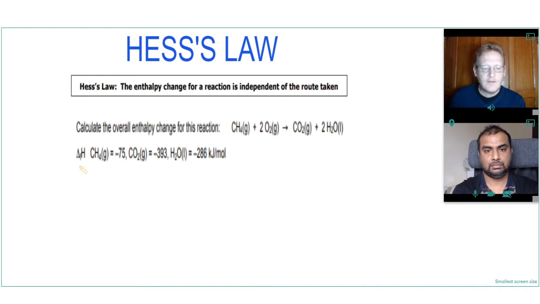Because we're given enthalpy of formation data, that's the enthalpy change for forming those compounds from their elements under standard conditions. So we can put arrows towards the compounds that we're forming, from their elements.